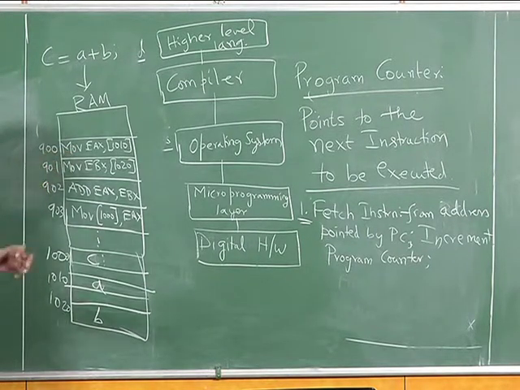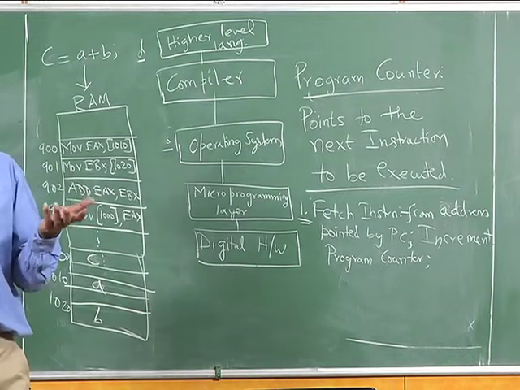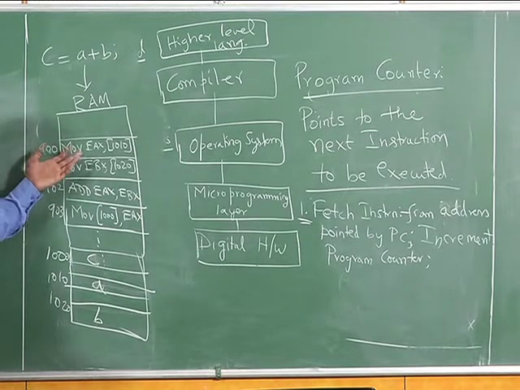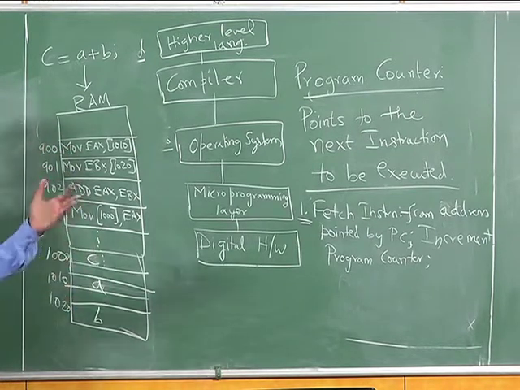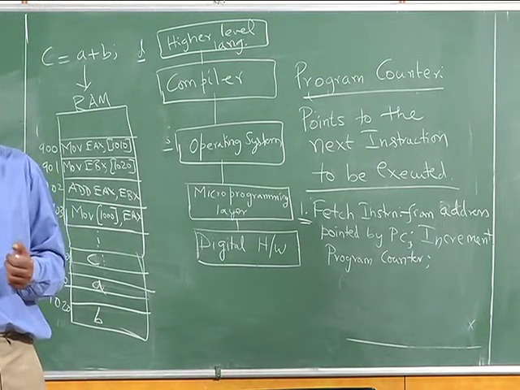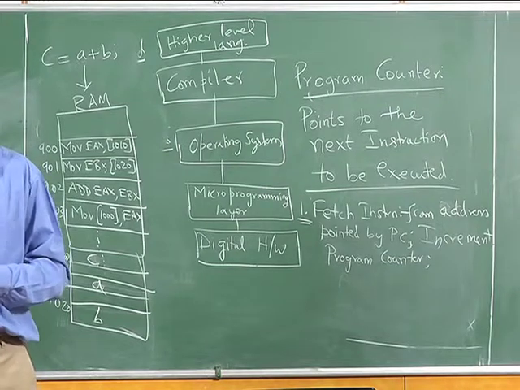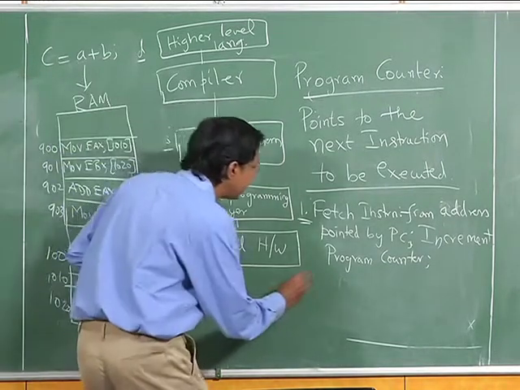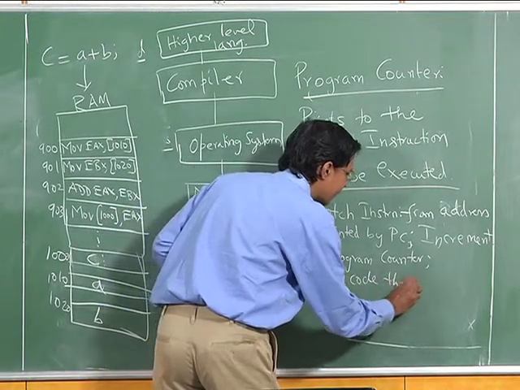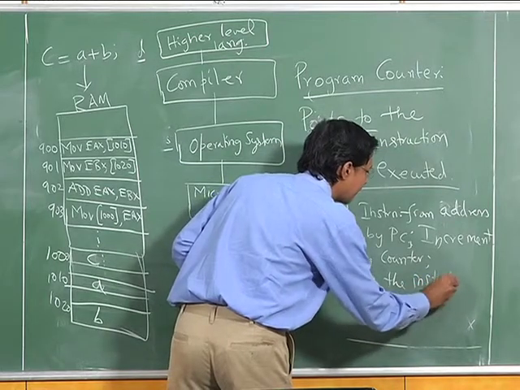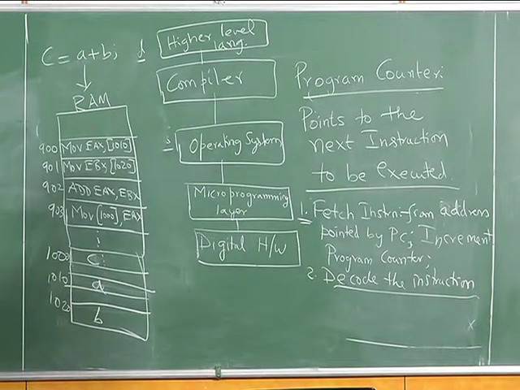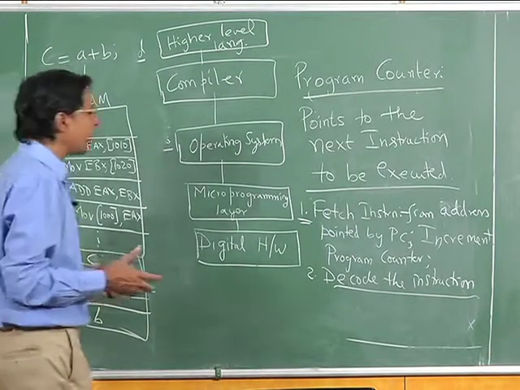Now after this is fetched, the hardware should know what it should do. Already you see there are 4 types of instructions here. One is move, another is add, and we can have multiply and several other things. So first and foremost, the hardware should know what that instruction has to do. So the second step is to decode that instruction.